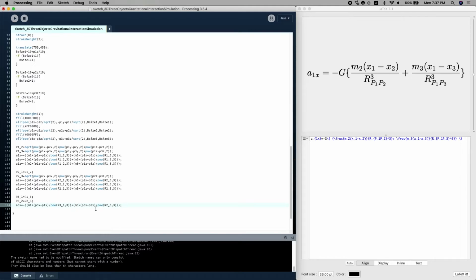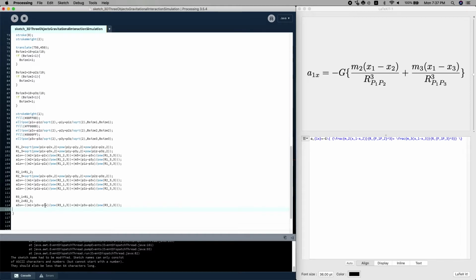Here we're going to need a mass of 2, P3 minus P2, and the radius of P3 to P2, R3 to 2, but it really doesn't matter. But I'm just going to do it for the sake of it. And yeah, that looks right to me.